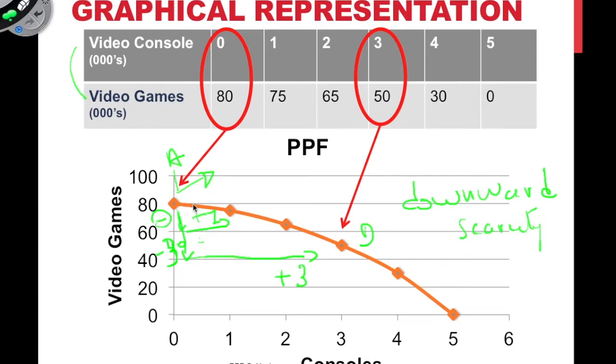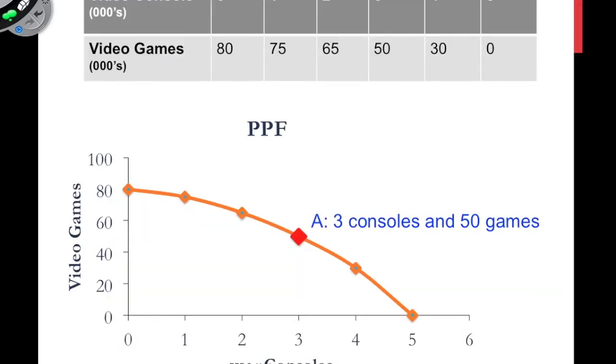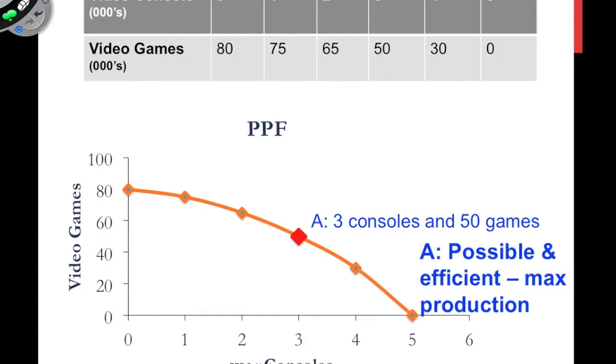So this simple downward sloping line illustrates the scarcity and the opportunity cost that we face in the economy. This combination here, 3 consoles and 50 games, represents a production for the economy that is possible and efficient. That's the maximum we can do.